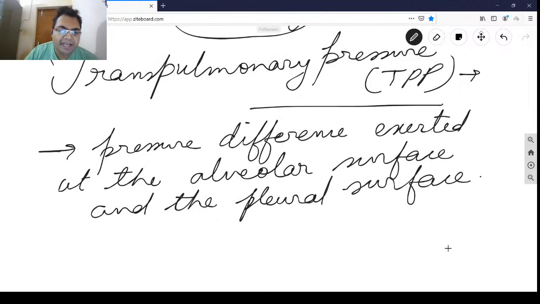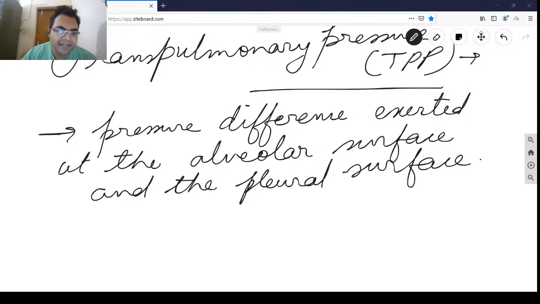If I do that, I'll get the transpulmonary pressure, right?